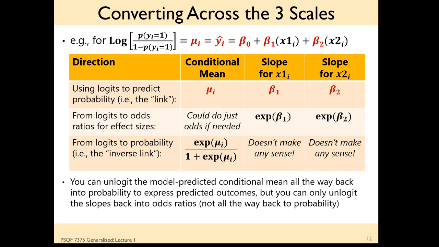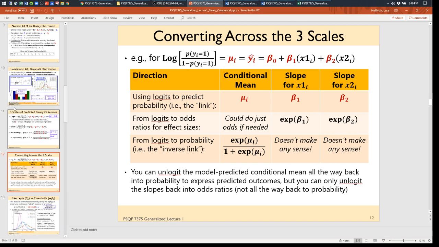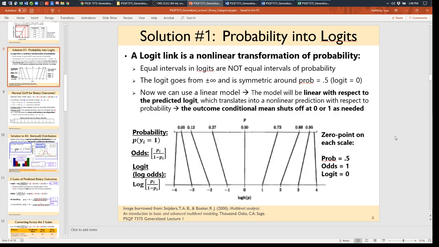But this is the part that people screw up. You cannot all the way unlogit a slope back down to probability. The reason you can't is this picture right here. A 1 unit change in logits does not correspond to any equal change in probability.